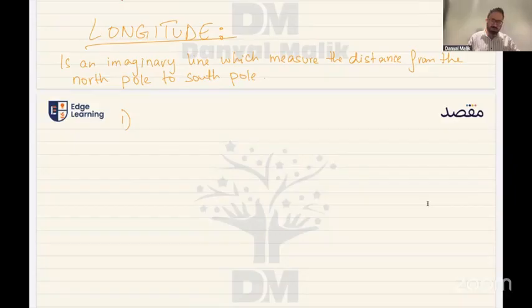So first, 64 degrees east. In front of 64 degrees east, write down it intersects Balochistan only. And please don't be confused.